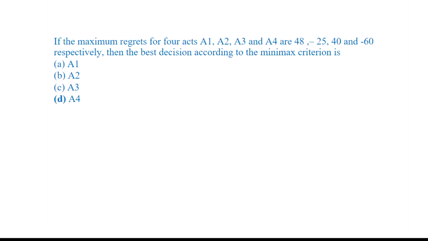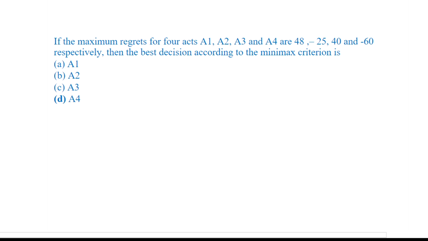The question says the maximum regrets for the 4 acts are given: 48, minus 25, 40 and minus 60. Then the best decision according to the Minimax criterion. What we do in Minimax regret is, first of all, construct the regret table. Once the regret table has been formed, for every action we look for the maximum value.